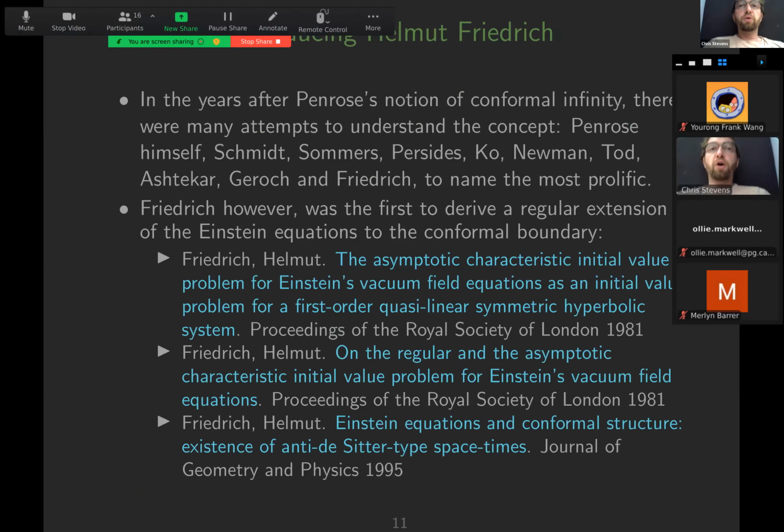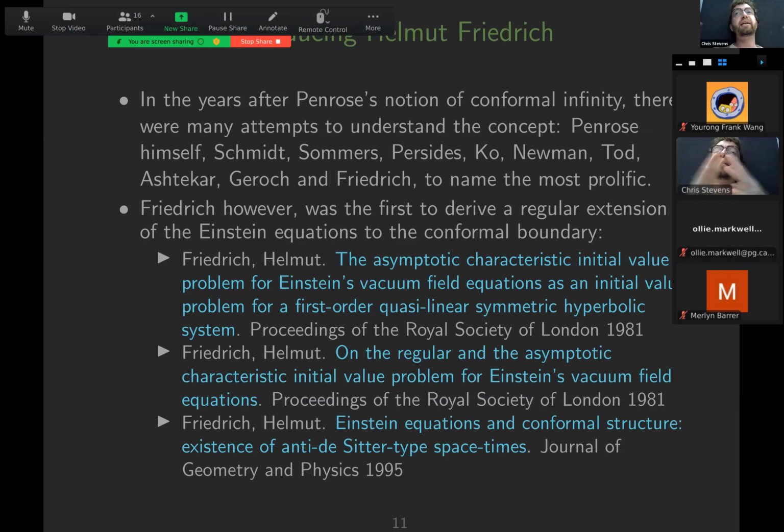All right, so if we're wanting to look at the Einstein equations with respect to this conformal space-time, the Einstein equations are obviously written with respect to the physical space-time. So is there a way to represent them in this conformal picture in a regular way?